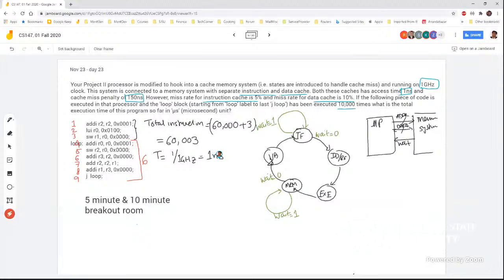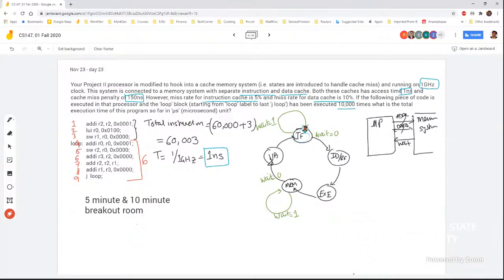Incidentally, this number is the same as your cache access time, 1 nanosecond. That means we don't need to bother about any extra cycle spent on the instruction fetch.